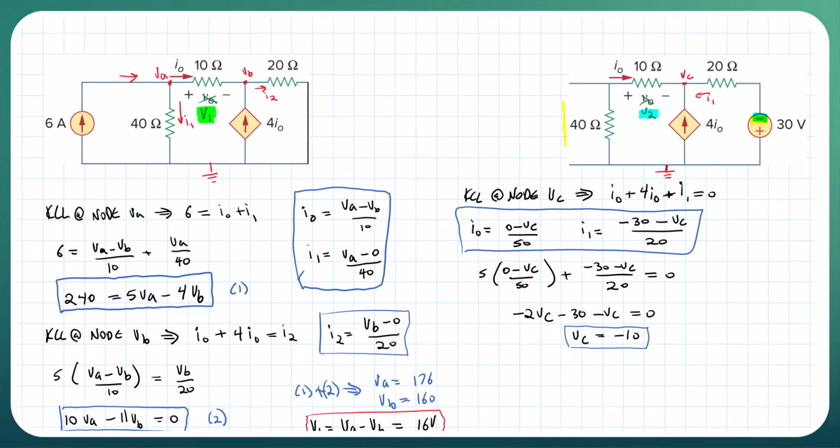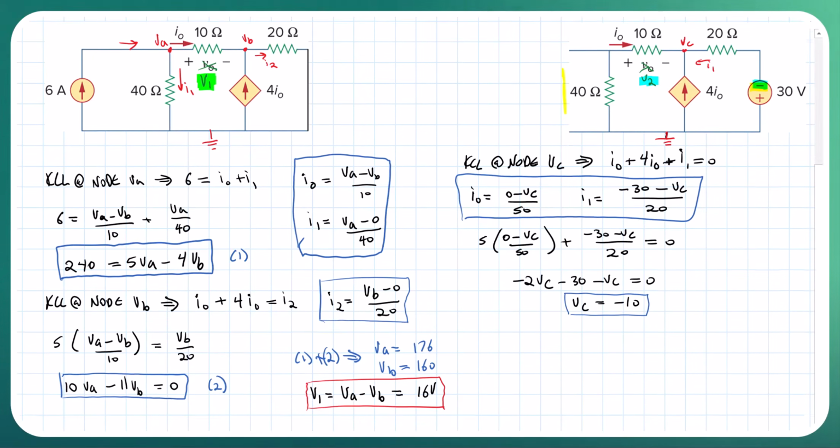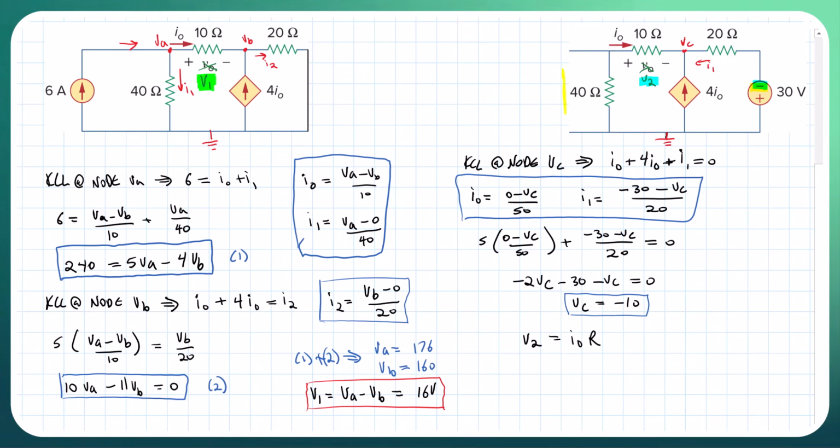And now what we want to do is figure out what V2 is. We scroll up. V2 is equal to, we're going to use Ohm's law, it's going to be I naught times R. We already defined I naught up here as minus VC over 50.